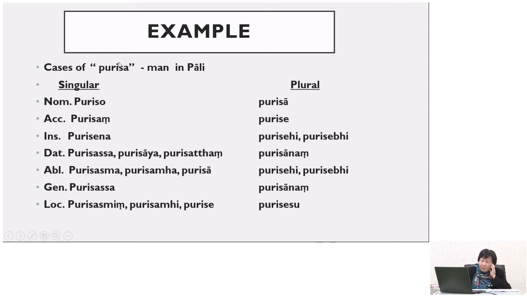If Purisa cannot occur by itself, you call this one bound. But if it can occur by itself all the time, for example, the 8th case in Pali, you have Purisa occurring by itself.